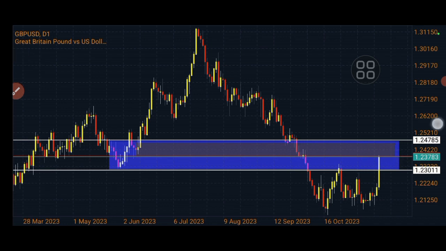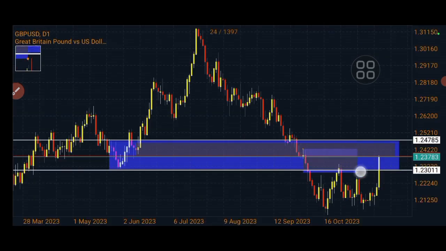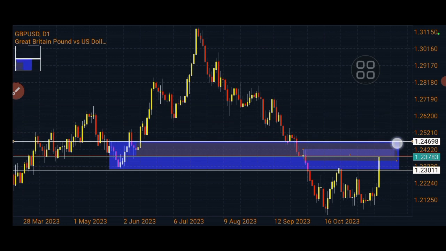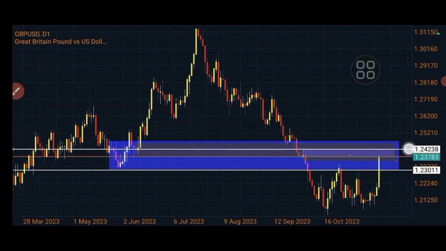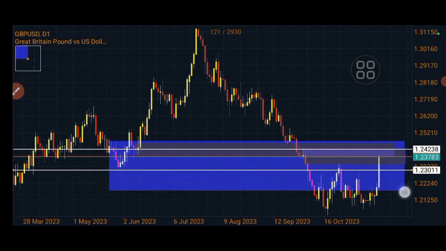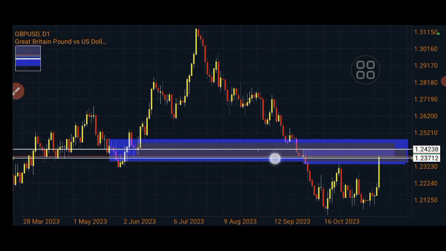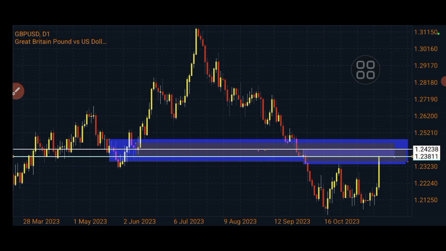After that, there's also another engulfing sell at this level. So this whole wide zone will move here.